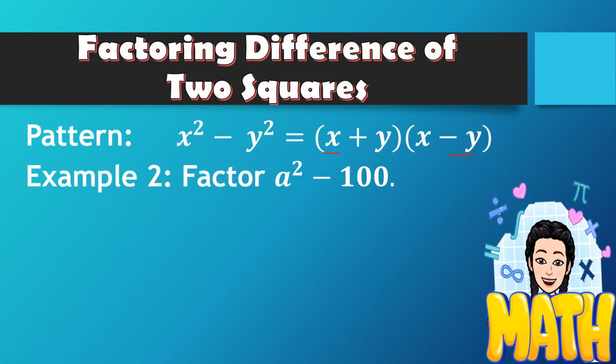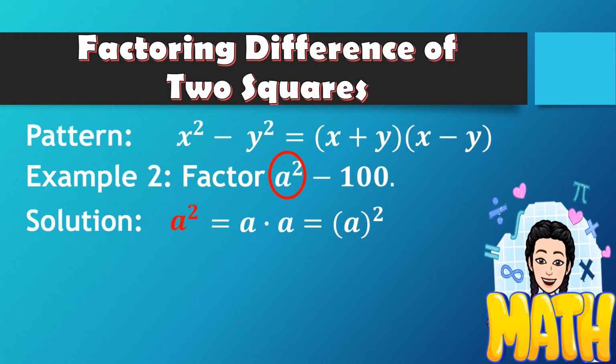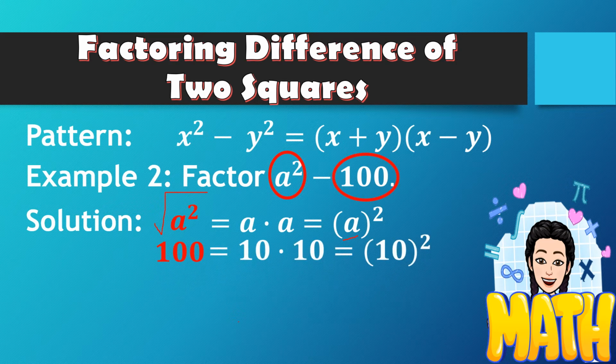Let's have the following solution para mas malinaw. For a squared, we have a times a is equal to a squared, meaning the square root of a squared is a. For 100, we have 10 times 10 equals 10 squared. So the square root of 100 is 10.